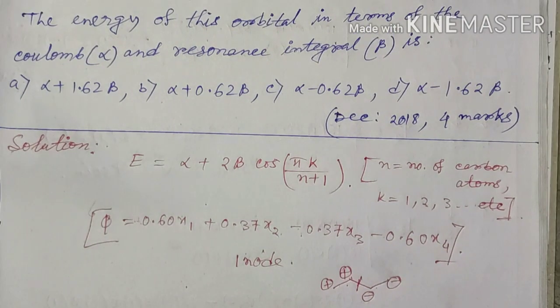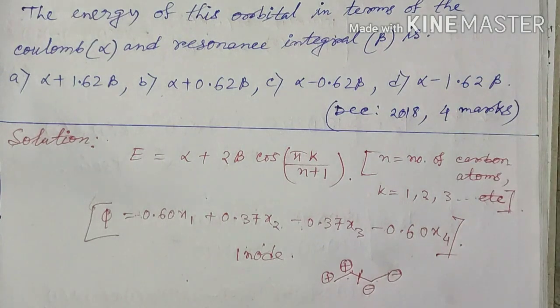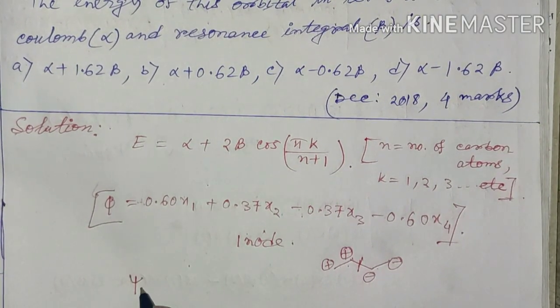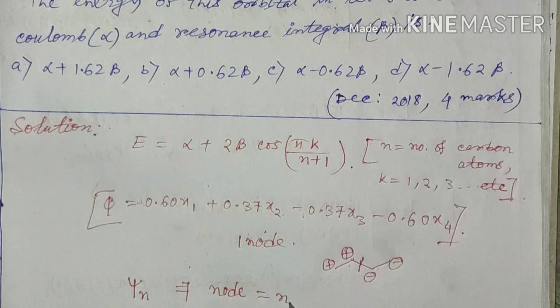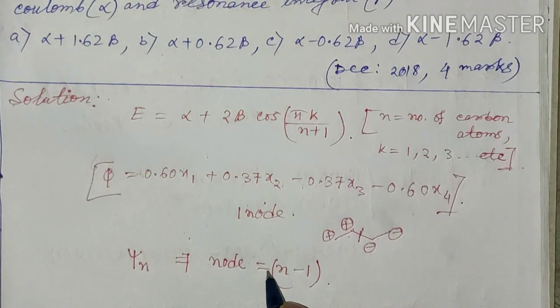That means we have to calculate the energy level for which there is one nodal plane in 1,3-butadiene. Now if a wave function is psi n, then the node is equal to n minus 1. For one node, the n value should be 2.